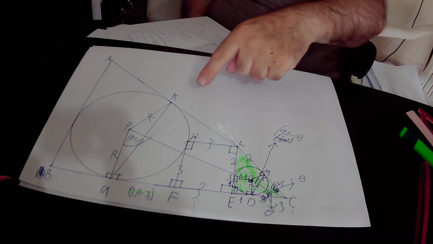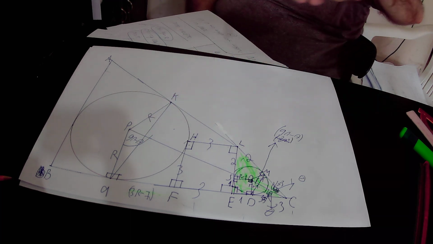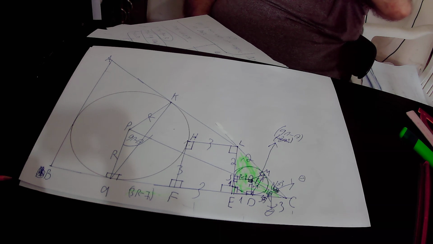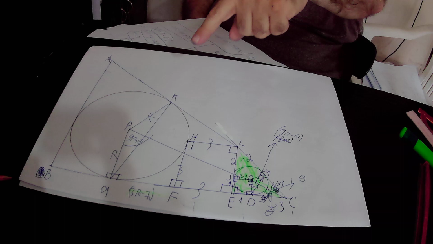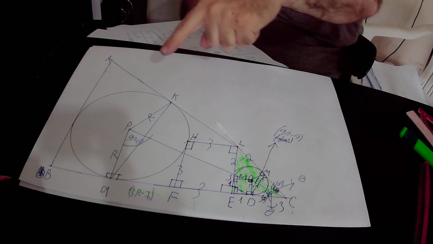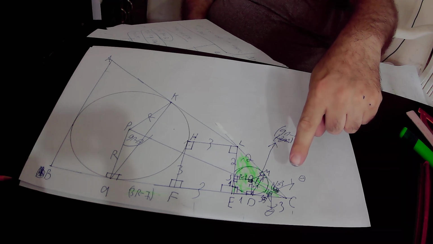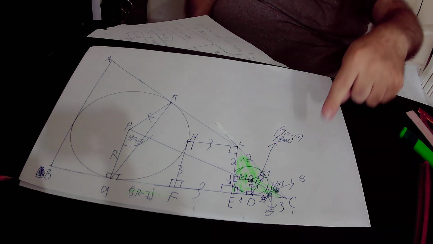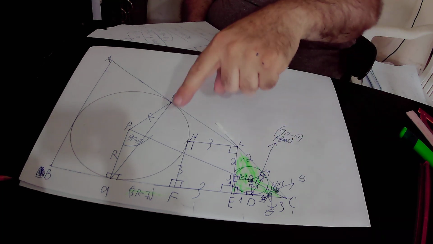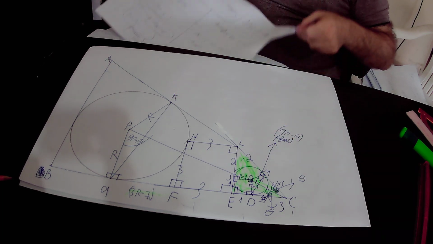Then we join points K and Q together by a straight line. So until this stage, we can conclude that PC is the angle bisector of angle C. Why? Because it bisects angle C into two equal angles in triangle KQC.